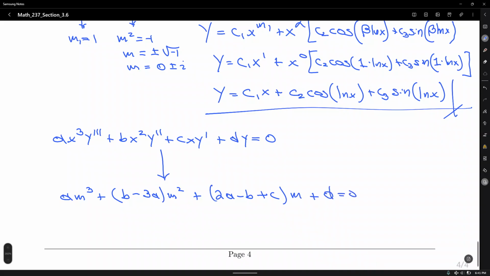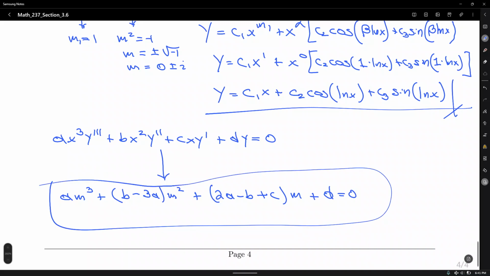So you would identify the coefficients a, b, c, and d, substitute into the auxiliary equation, and then solve that cubic equation, maybe by the rational root theorem, maybe by factoring, or whatever works best for the solution to that polynomial equation. I'm not going to do the whole process to get to this form.